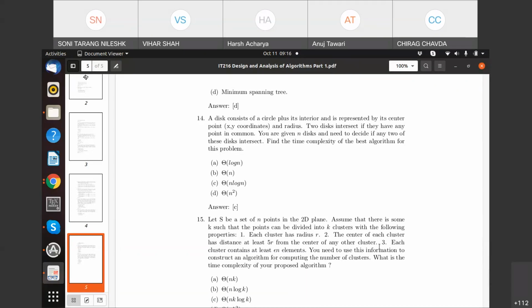So actually, it's stated very clearly: construct an algorithm for computing the number of clusters. And what is the time complexity of your proposed algorithm? Sir, I was just having the doubt whether we need to find clusters that satisfy the stated property, or divide the points into clusters. No, you just needed to find the number of clusters.